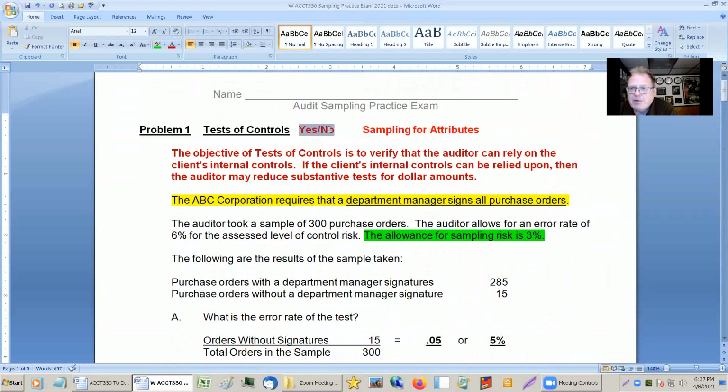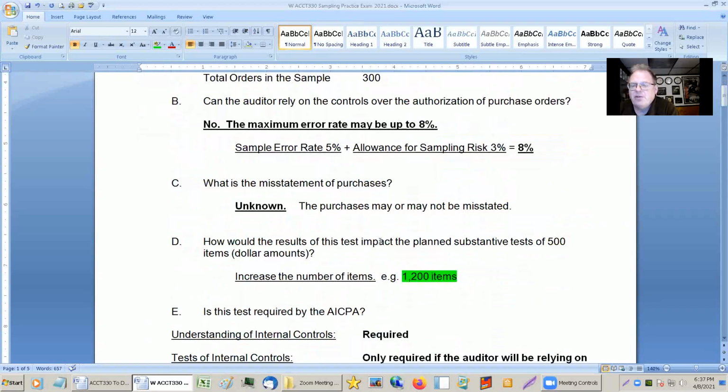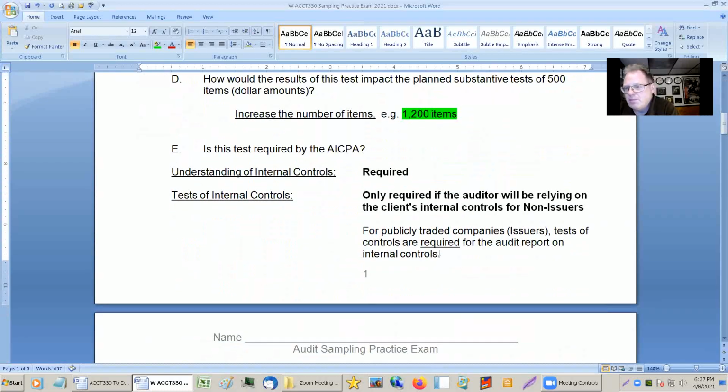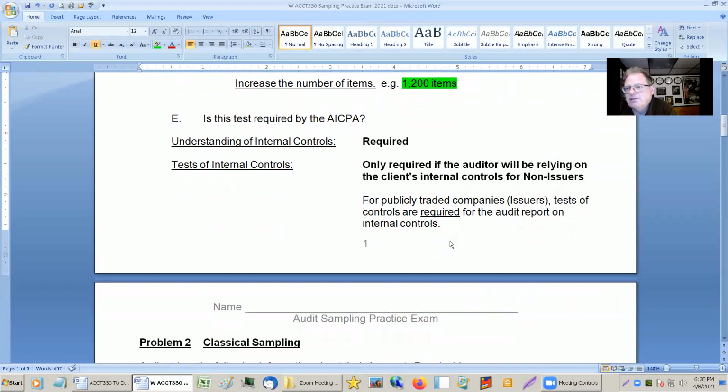So you will not find material misstatements. However, two things. First of all, you can rely on the internal controls. You can reduce your sampling, your substantive testing. Not only that, when you do the test of controls, it's very possible that if there is a problem, it will show you where to look.